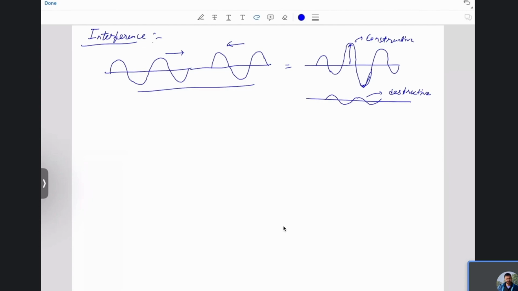So I will not go into much detail on interference. Rather, I'll talk about one experiment which is based on interference, called Young's double slit experiment, or YDSE. So here in Young's double slit experiment, you have a light source.